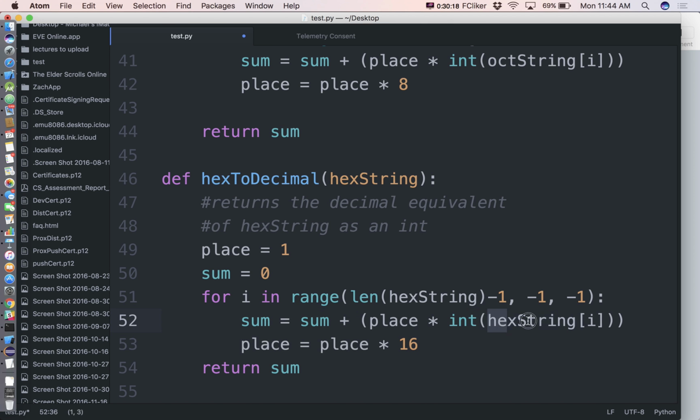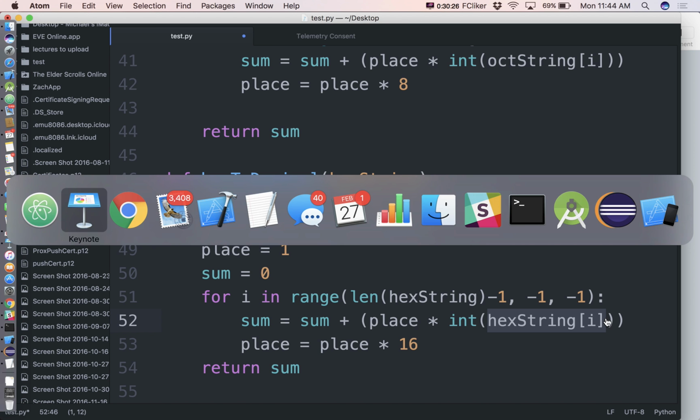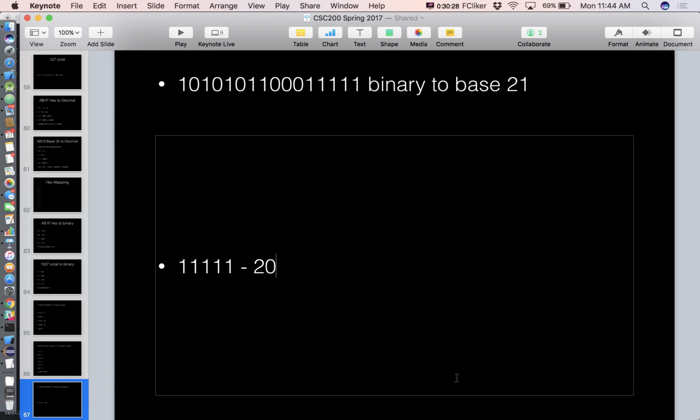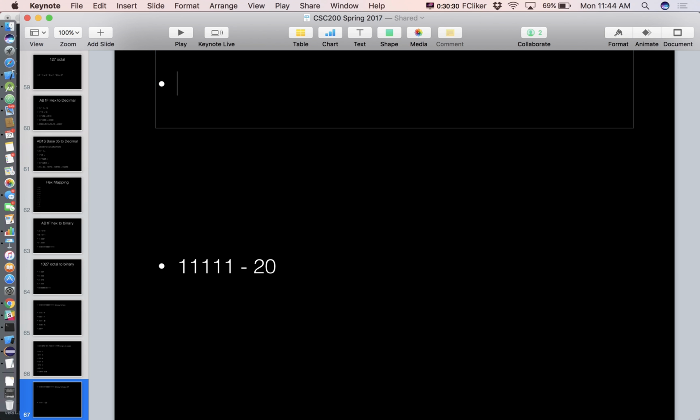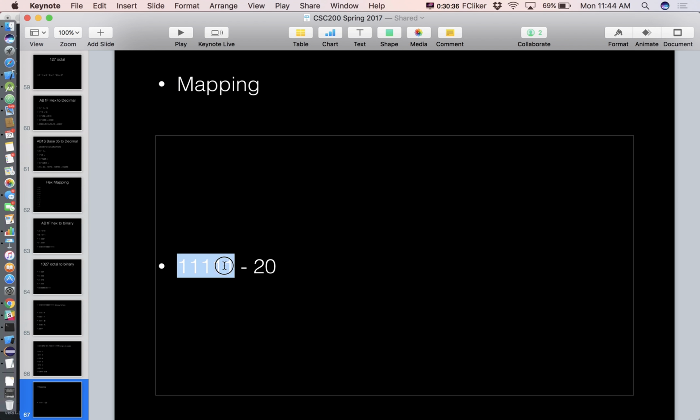So we need to take whatever this hexadecimal character is and get the numeric value out of it. That is to say, when I have the character 0, I should get the number 0. When I have the character 1, I should get the number 1.